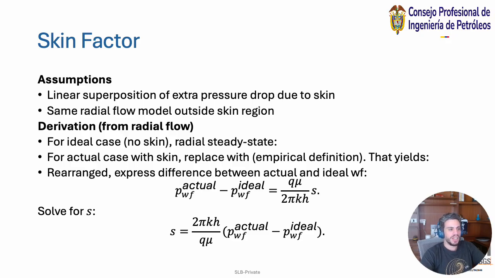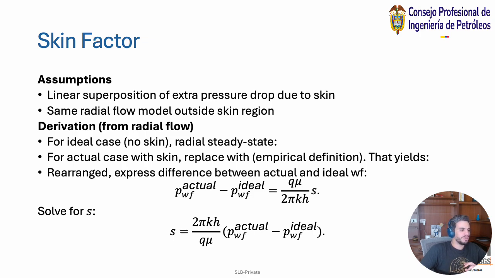For the derivation, we're basically comparing 2 radial flow pressure profiles, right? We already know how to define the radial flow. So if we take the delta of 2 radial flows in the ideal case, we get this equation where Q is equal to 2 pi kh divided by mu, and you have the natural log of re over rw. Then when you add the skin, you're adding this extra resistance term in your denominator.